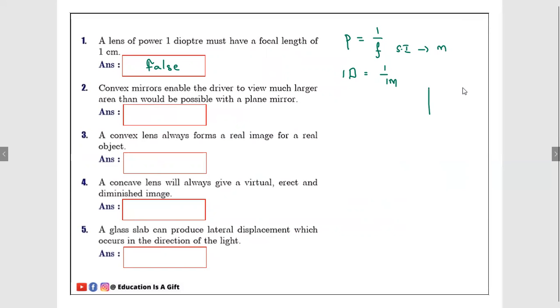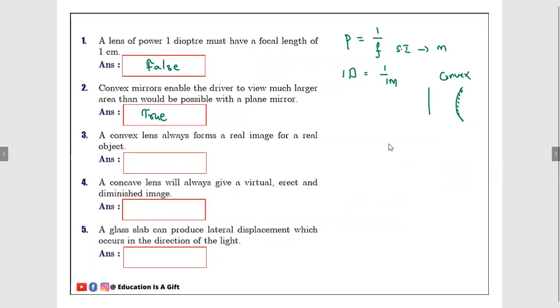But if they use a convex mirror, then only can he see a greater area. So drivers use convex mirrors as rear view mirrors. The answer is true.